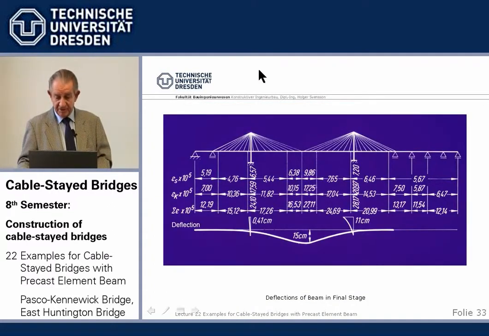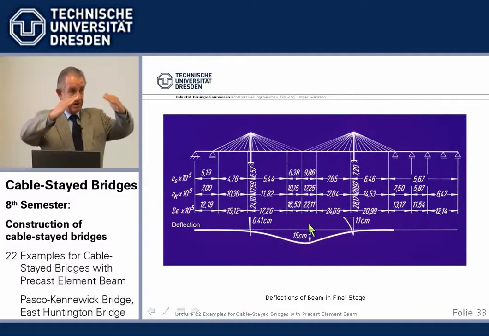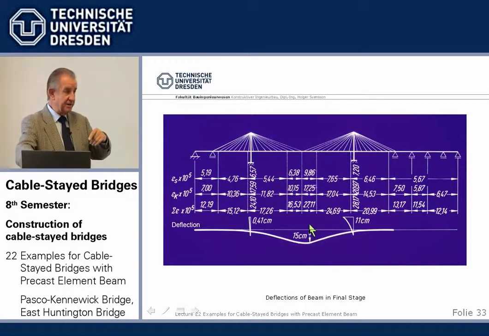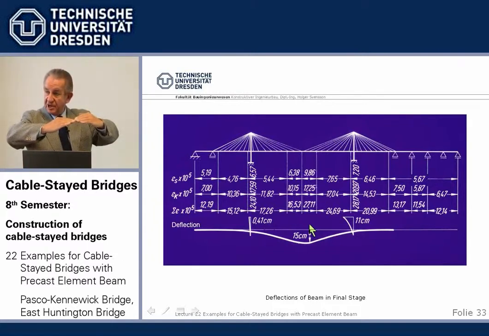Also, in the final stage, after joint closure, what happens from shrinkage and creep? Well, basically, we have a deflection of about 15 centimeters, which of course does not take place yet, but we superelevate the beam by 15 centimeters. We build it negatively, too high, so that at the end of shrinkage and creep, it's where it shall be.